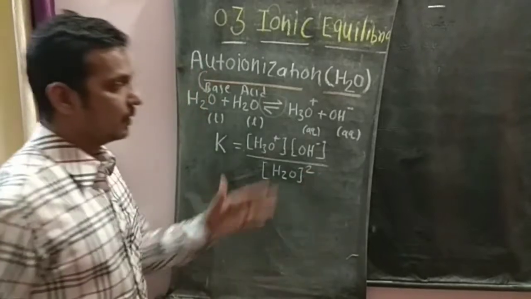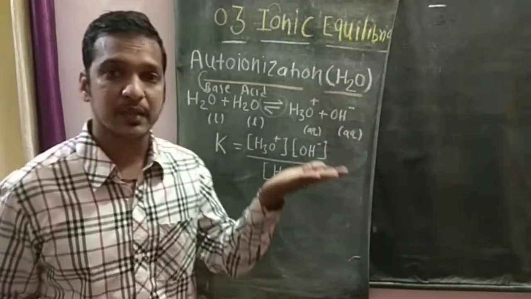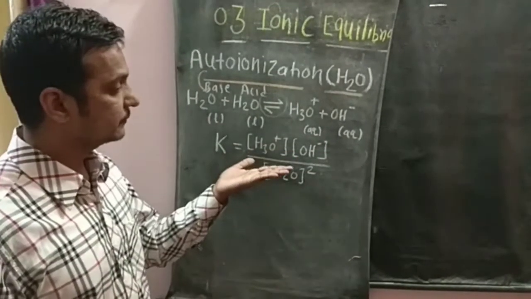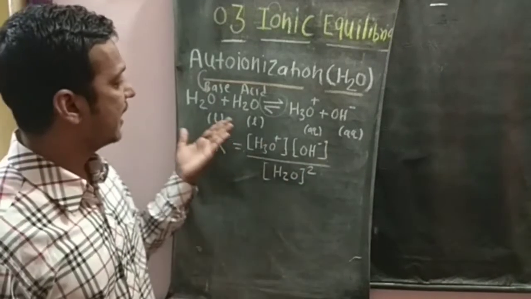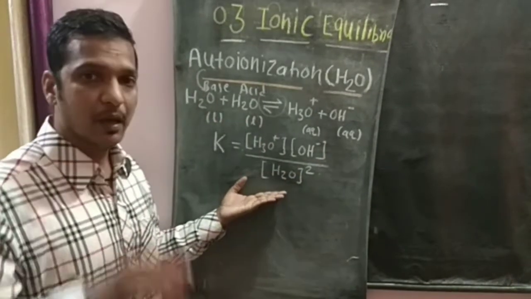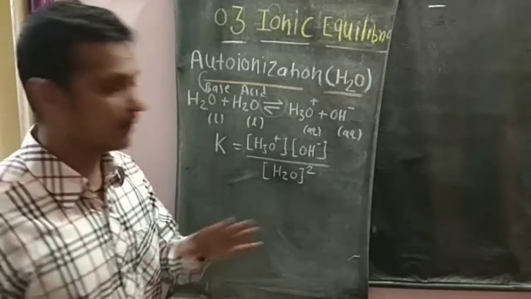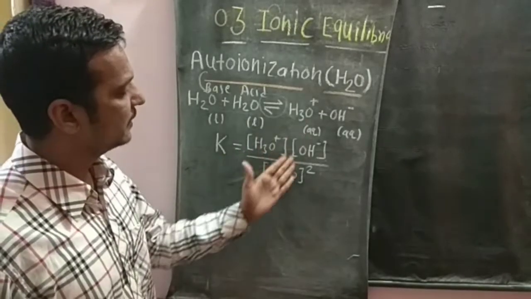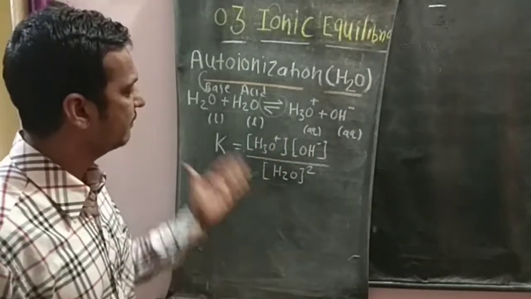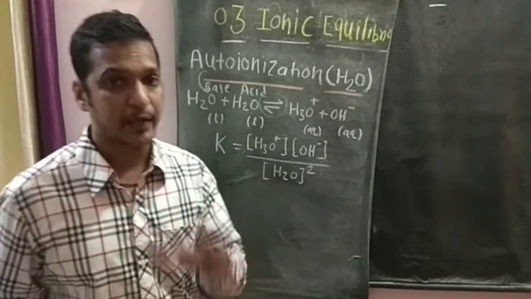The product side is always on the upper side of the division, the numerator part, and the reactant side is always the down part of the division, the denominator part. So K is equal to the concentration of H3O plus into the concentration of OH minus divided by the concentration of H2O bracket square.